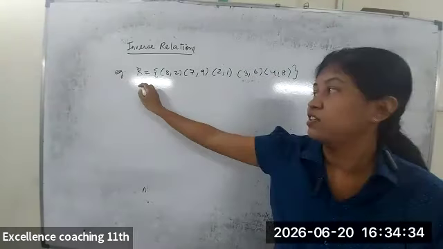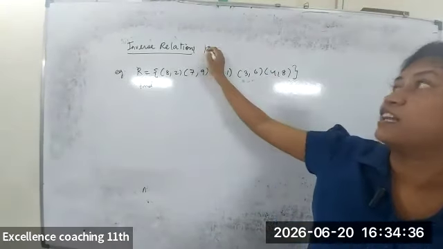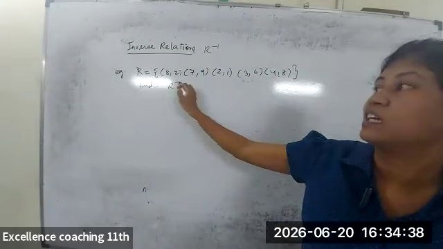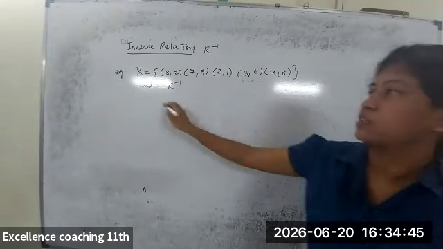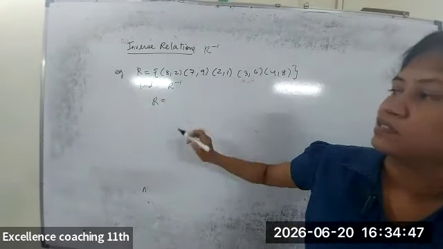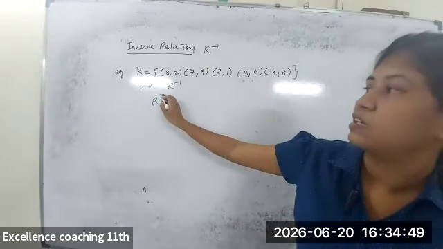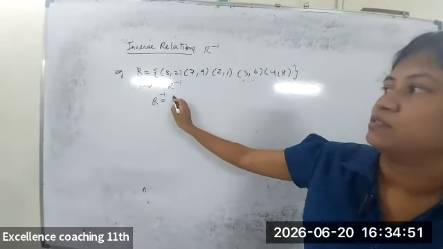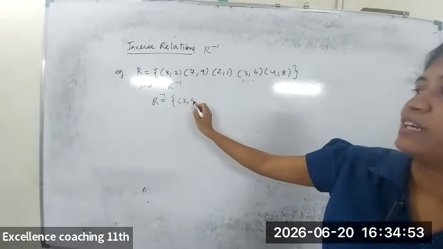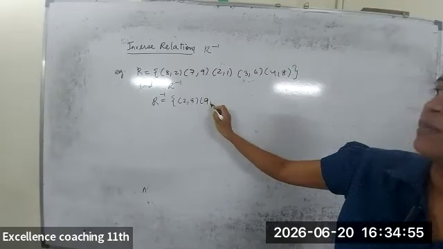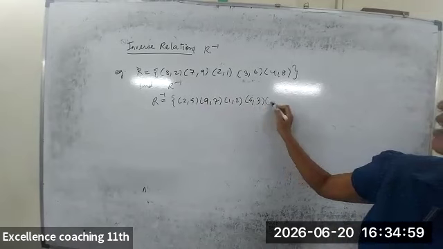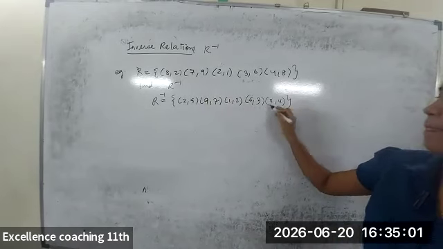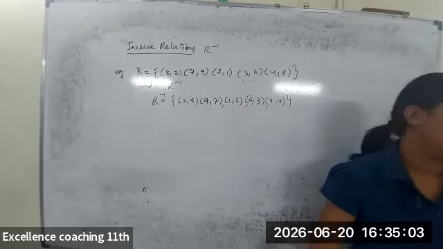R is given. Find R inverse. Inverse means ulta you have to make. Just make the pair opposite and write. As simple as that. 8 comma 2, so you'll have to write it as 2, 8. 9, 7. 1, 2. 6, 3. 8. This is the inverse relation.